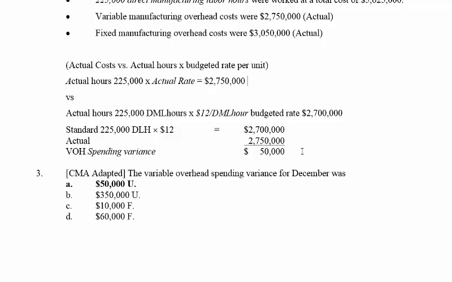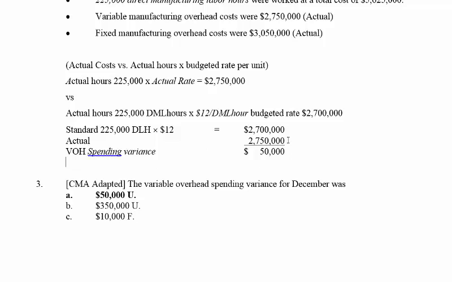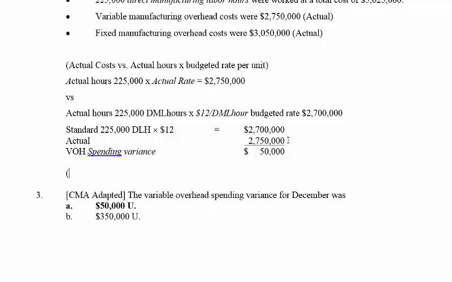We spent $50,000 more than what we would have expected using our standard rate. One other way to look at this is going to be comparing the actual rate minus the budgeted rate and then multiplying those times the actual hours.